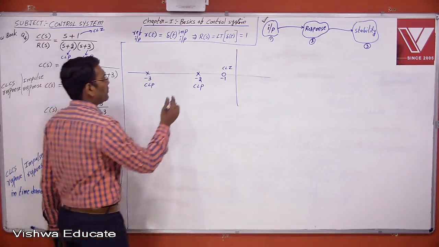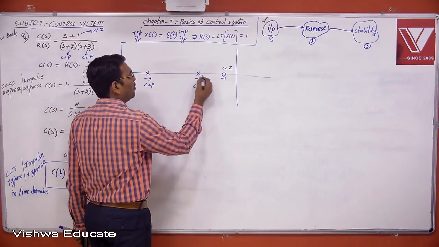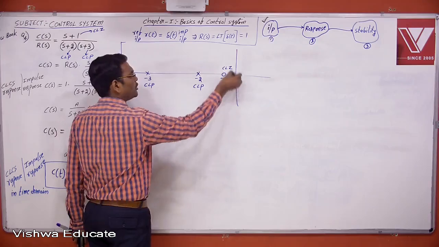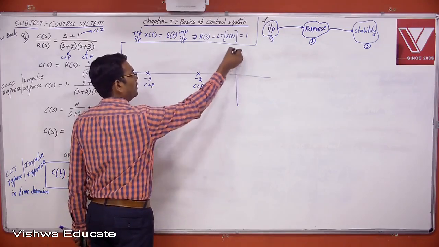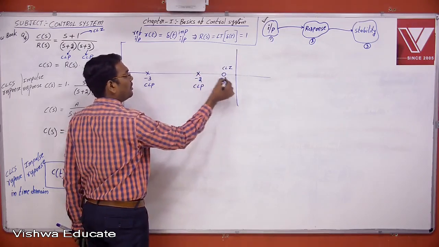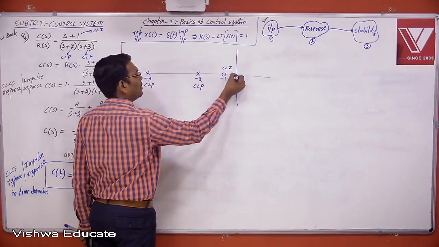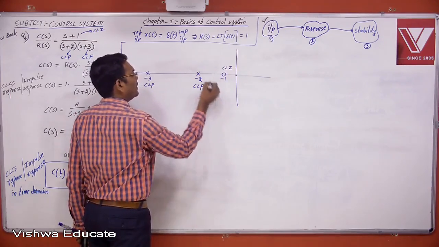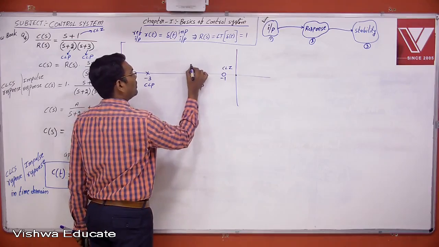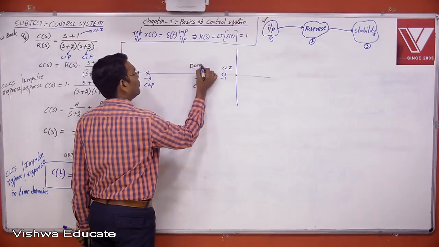Now see here, this is the pole which is nearer to the origin or nearer to the imaginary axis. This particular pole is called the dominant pole.